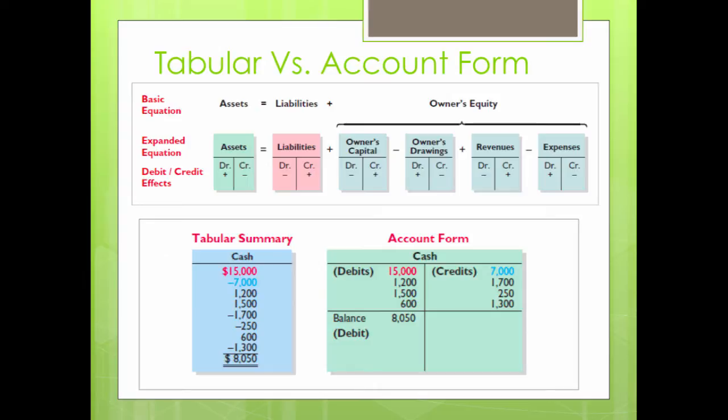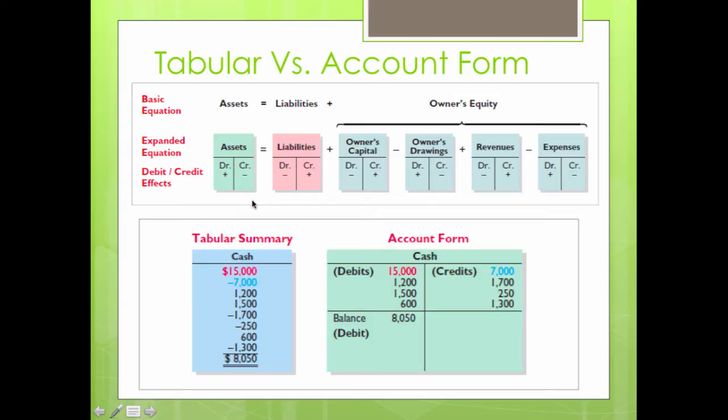Okay, then probably the next transaction is that we paid for something that we purchased and the amount was $7,000. So that is decreasing our cash account this time. So we record it as a credit or on the right side, because that's what asset T accounts do. If you need to decrease the asset account, you record it as a credit.